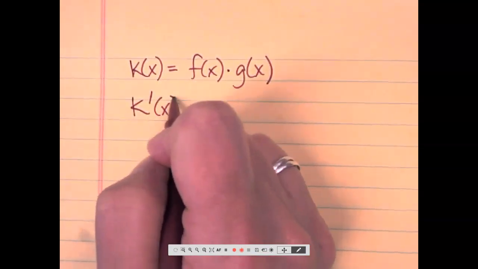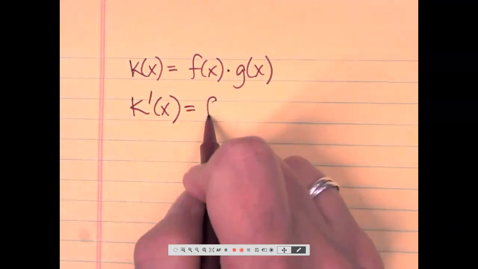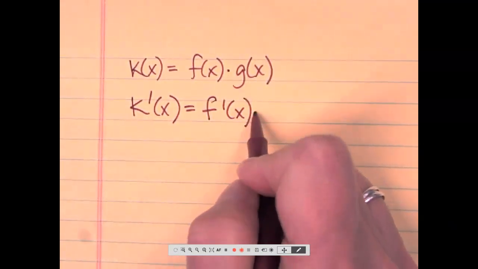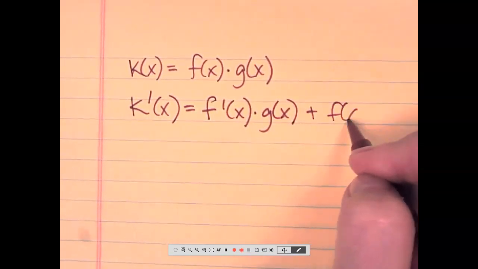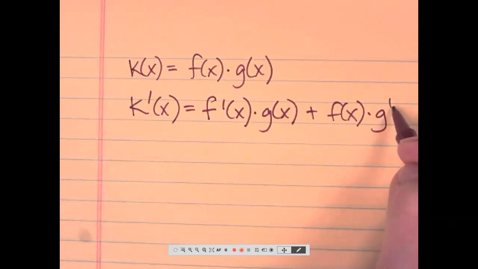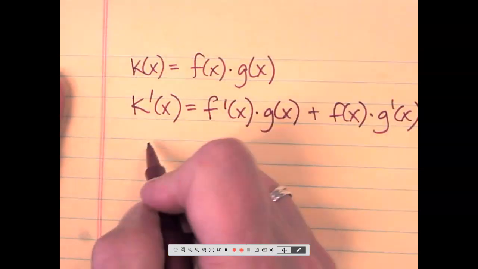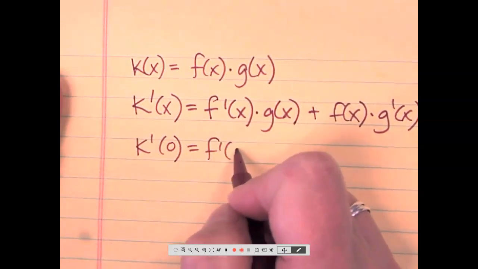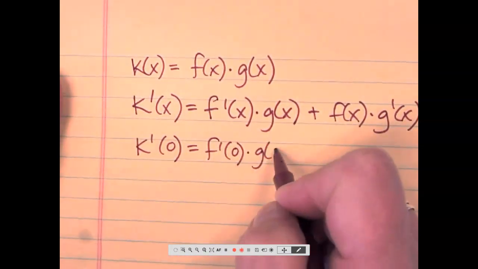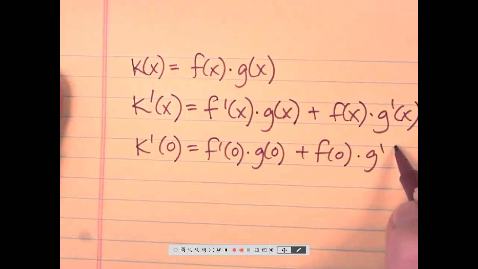So I know that the derivative of k will be whatever the product rule gives me: f prime times g plus f times g prime. And I want this x value to be 0. So k prime of 0 is f prime of 0 times g of 0, plus f of 0 times g prime of 0.